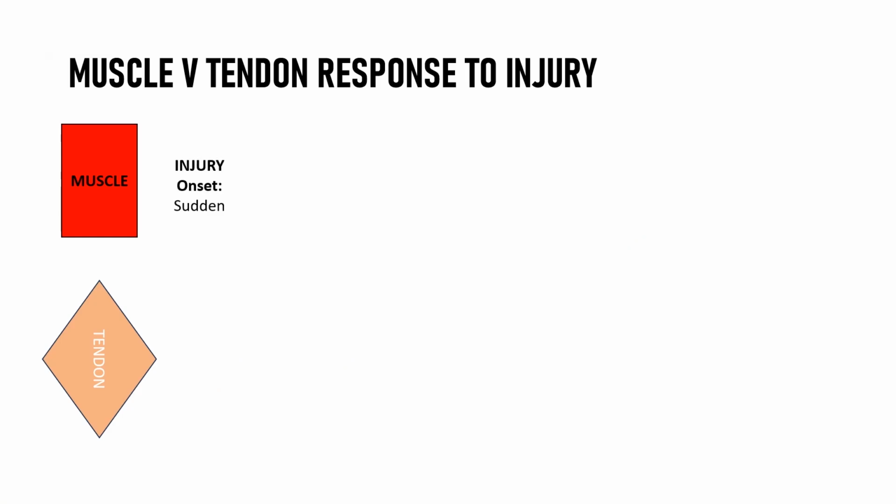So we look at muscles first. The injury is often sudden. If you're trying to scratch your head thinking, have I pulled a muscle or haven't I? If you can't pin that injury down to a specific mechanism, it's extremely unlikely that you've strained a muscle, because one of the inherent factors in the history is that there's a clear mechanism.